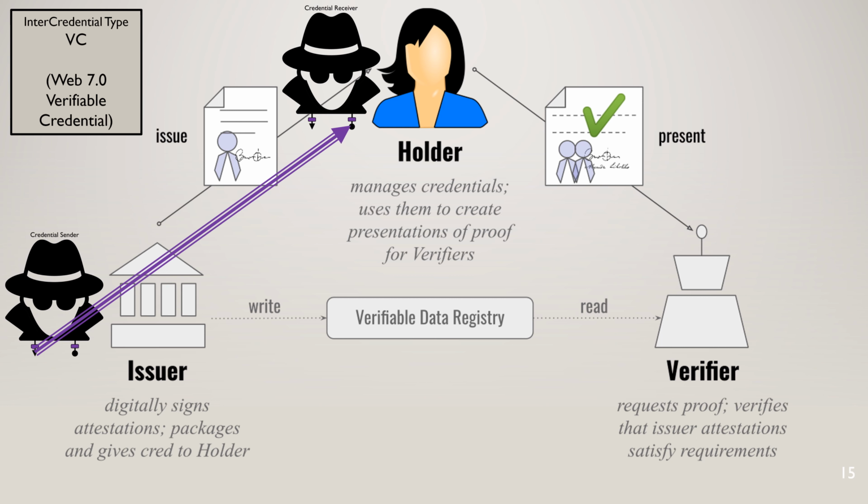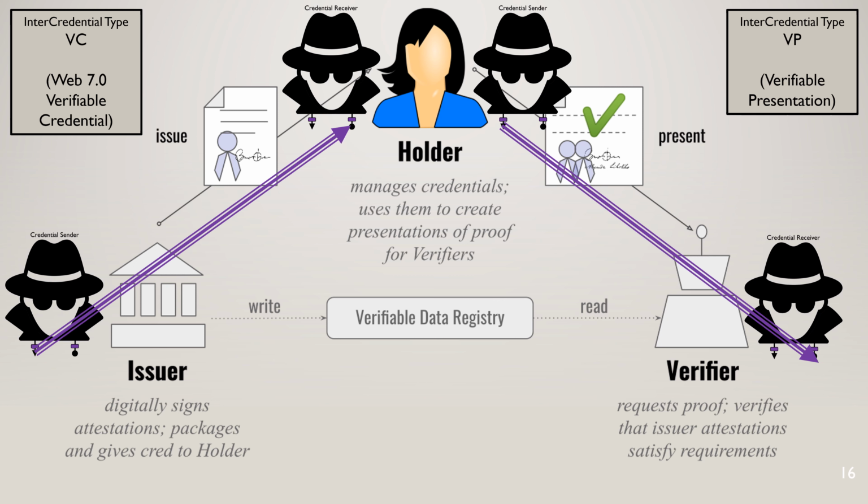So the first one, the issuer, is a specialization or a derivation of a credential sender, follows the steps that we've just outlined, to send the newly issued credential to the holder. The holder is a specialization or a derivation of the credential receiver. So much for the left-hand side, and we can see again the blood type is InterCredential type VC.